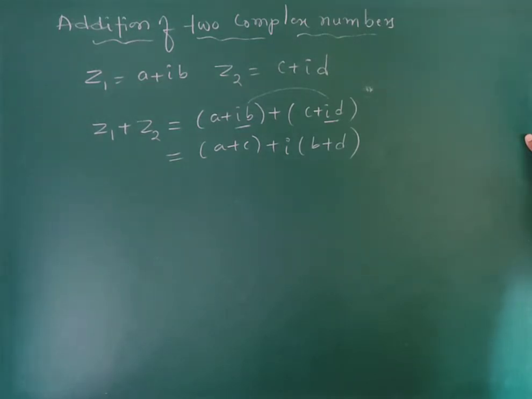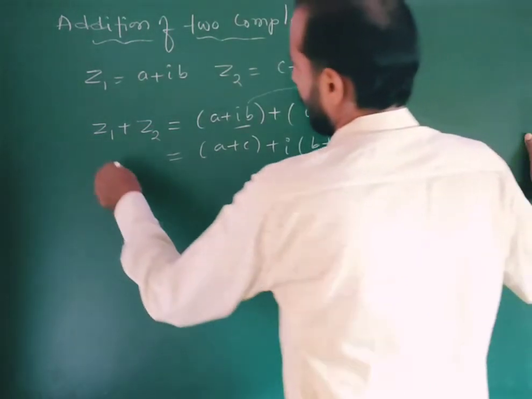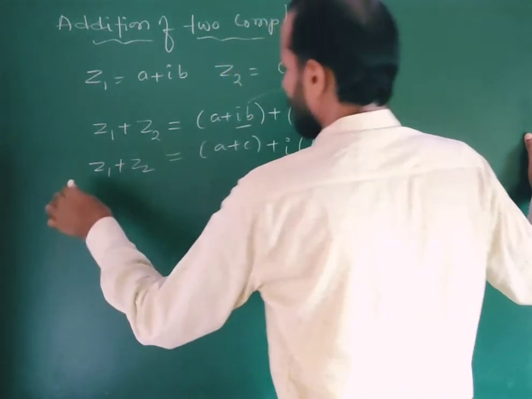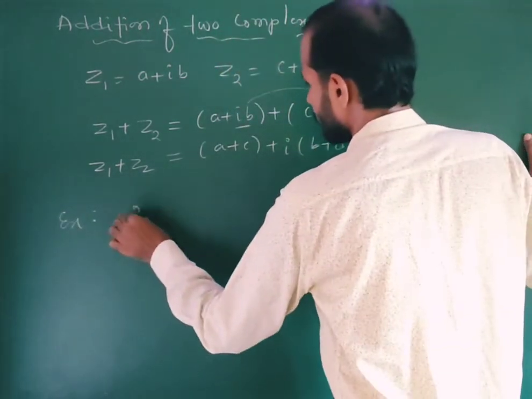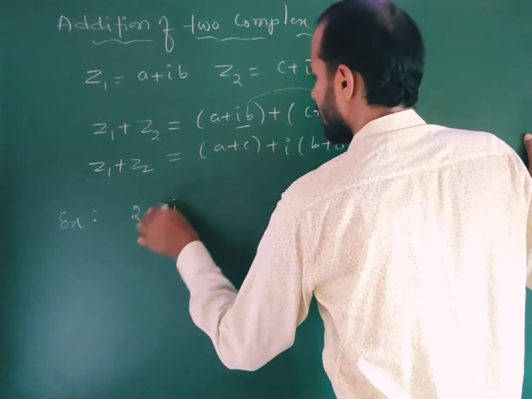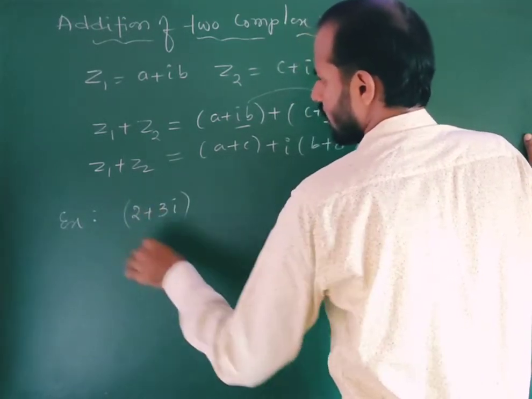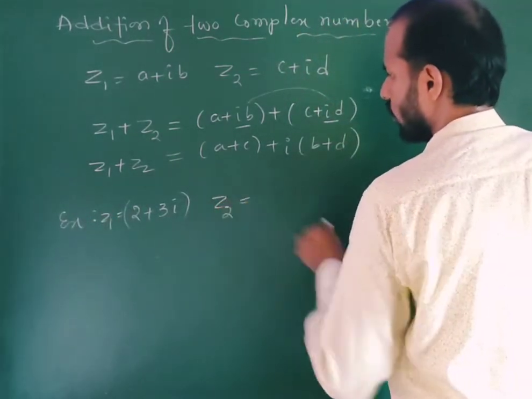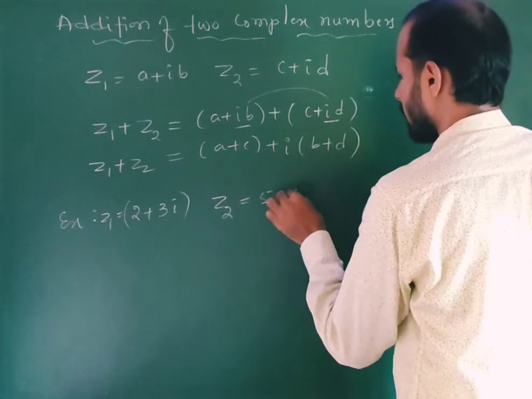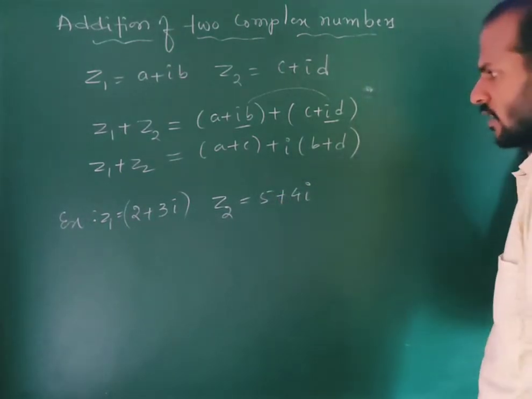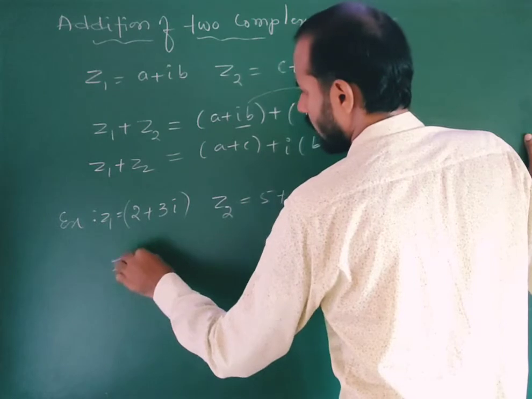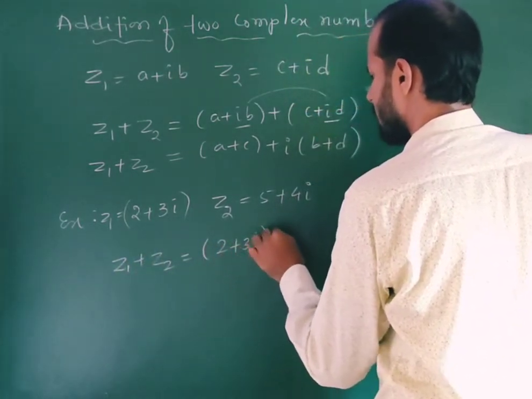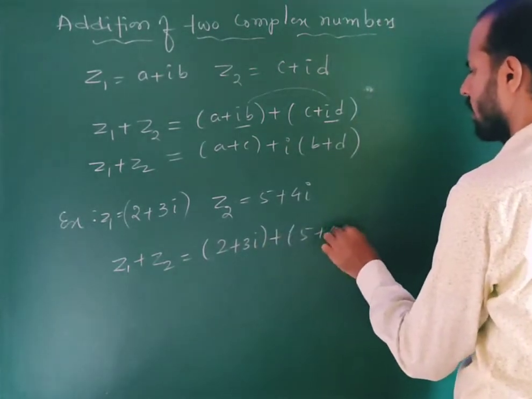Now let us consider an example for Z1 plus Z2. Let us consider Z1 equals 2 plus 3i, Z2 equals 5 plus 4i, right? Now adding these two, Z1 plus Z2 equals 2 plus 3i plus 5 plus 4i.